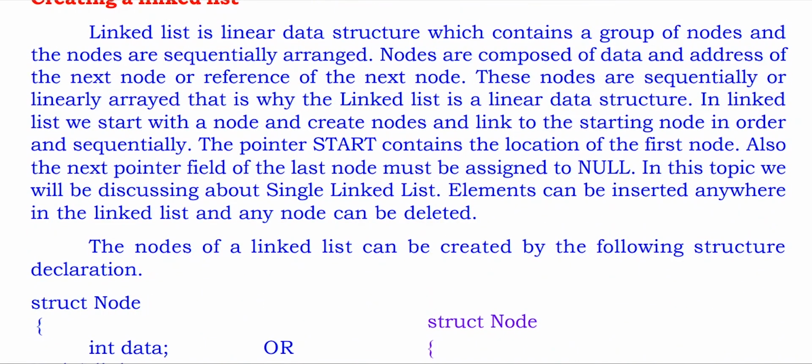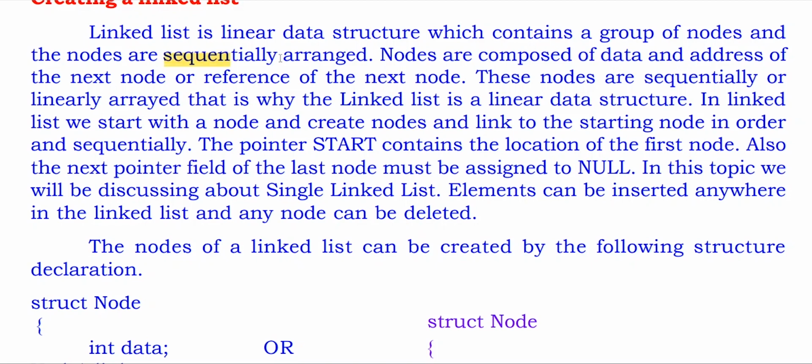So here let us learn how a node in a linked list is created, and how the relation is established among the nodes. A linked list is a linear data structure which contains a group of nodes, a collection of nodes, sequentially arranged.